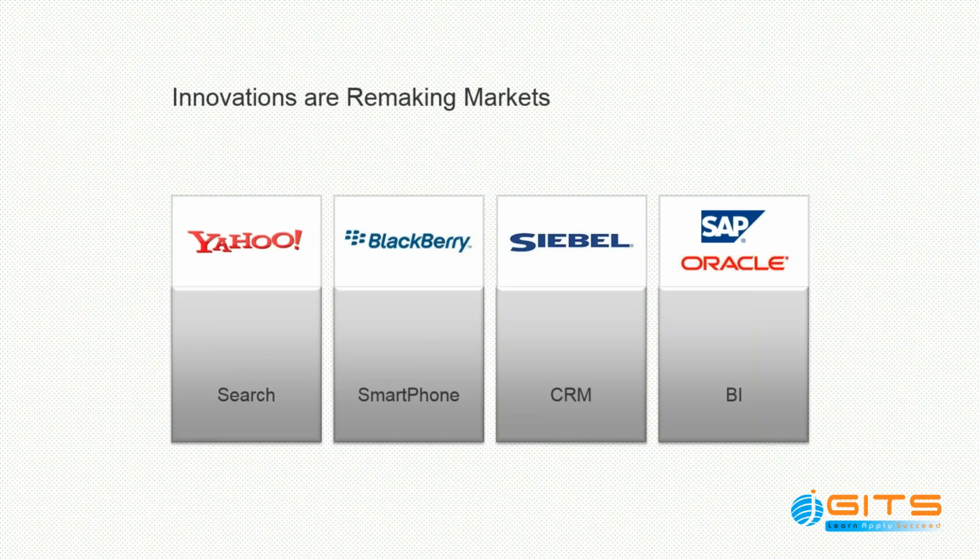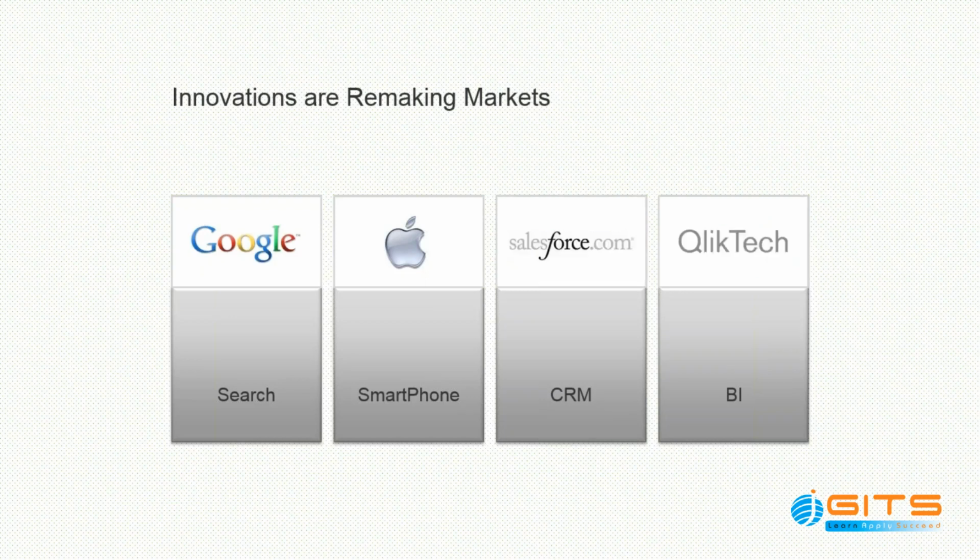But all of this has rapidly changed over the last few years. Google has toppled Yahoo, Apple has toppled BlackBerry, Salesforce has toppled Siebel, and QlikTech has toppled both Oracle and SAP in the BI arena.